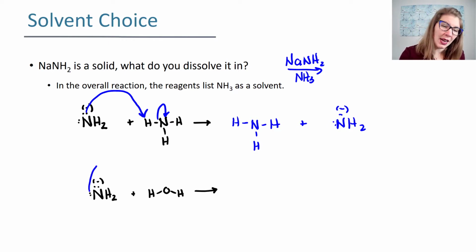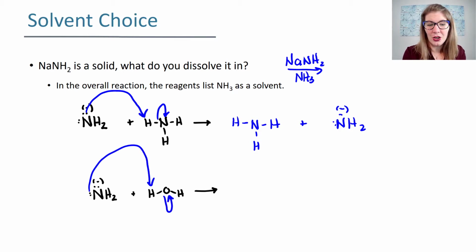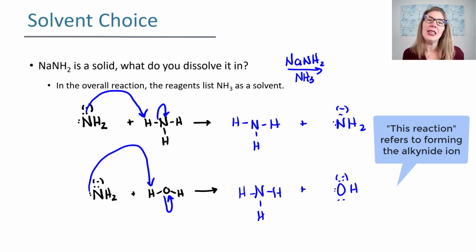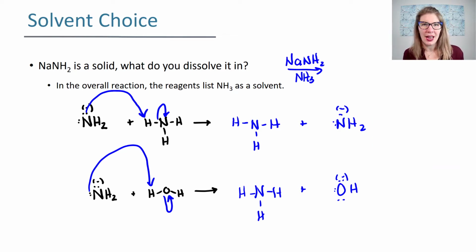What would happen is your amide would pull off this proton and you would get ammonia and hydroxide ion. The problem is hydroxide is not strong enough to make this reaction happen. So we need to make sure that when we're utilizing a strong base like sodium amide, we're also choosing an appropriate solvent. Otherwise, all of our time and effort has been wasted.